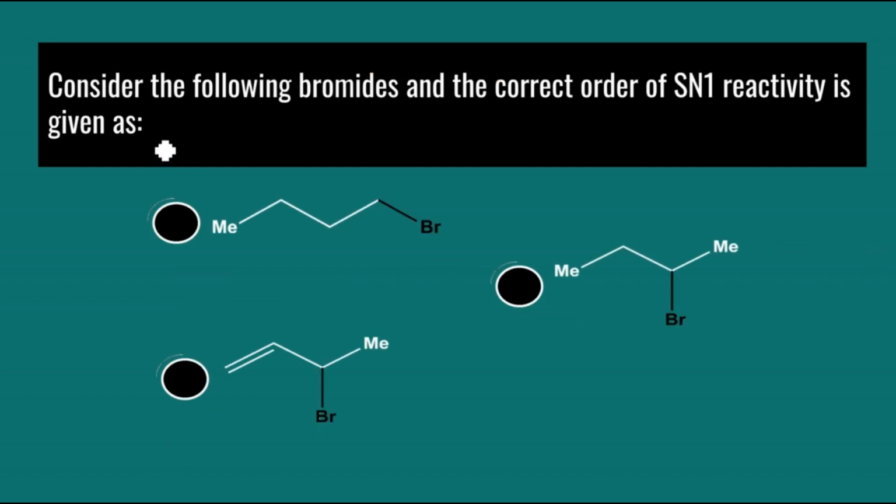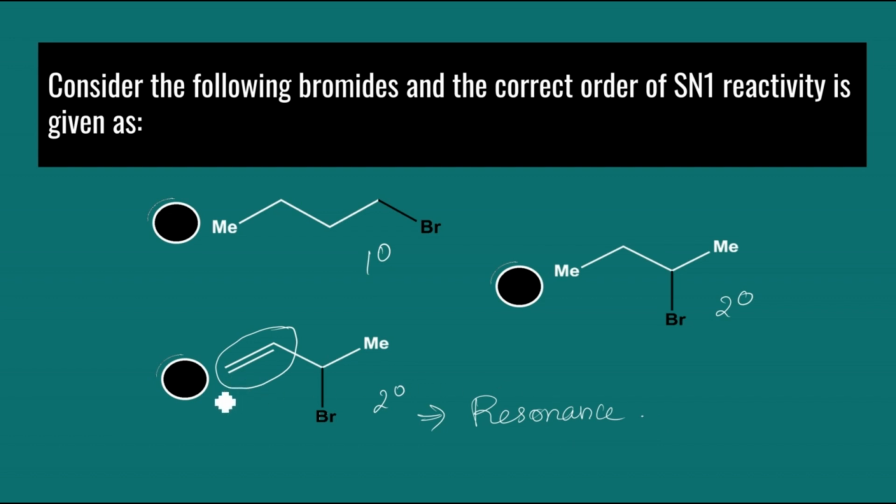In the next question, consider the following bromides; the correct order of SN1 reactivity is asked. This is primary, this is secondary, and this is also secondary. There is no tertiary, but here is your clue: wherever the double bond comes near the charge, it can undergo resonance.